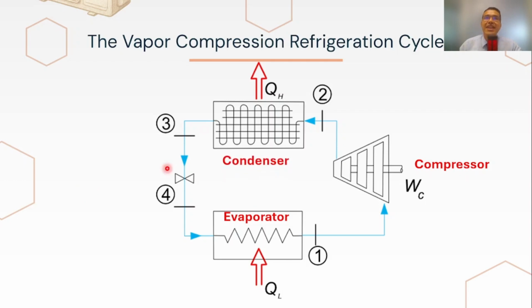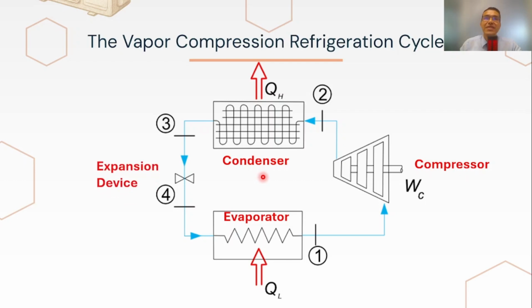Next, the high-pressure vapor enters the condenser, usually located outside the cool space. Here it releases the absorbed heat to the surroundings and condenses back into a liquid state.